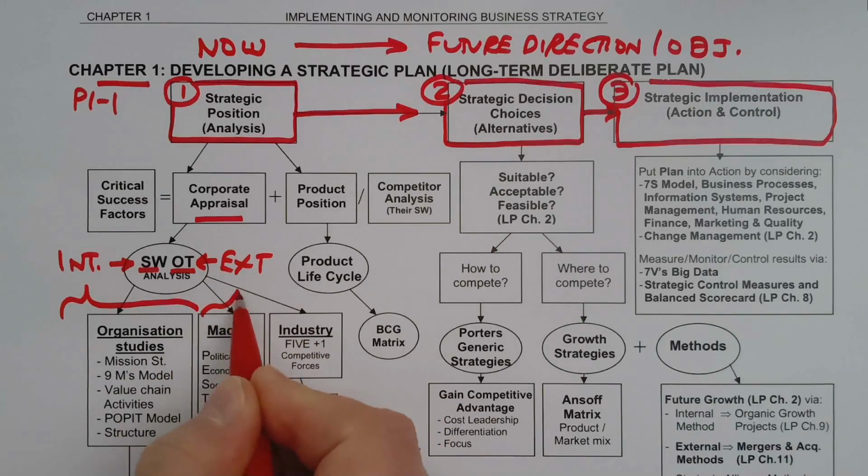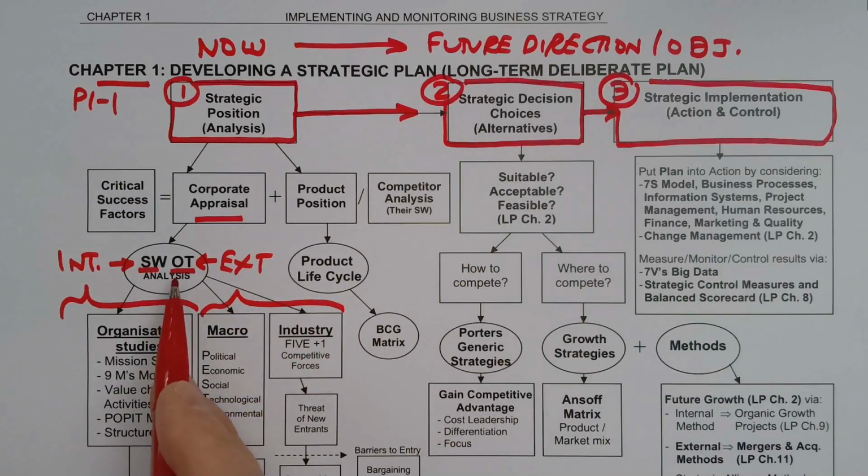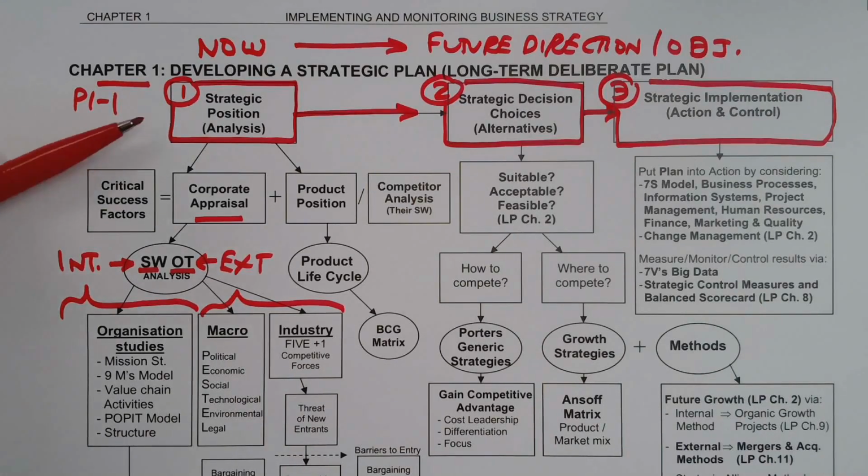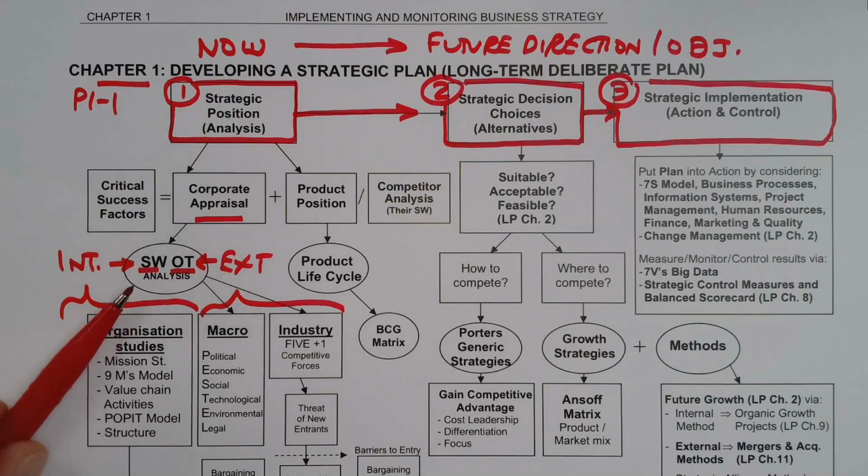So when we start thinking here about the opportunities and the threats, these are the models we can be using. The macro model looks at PESTO. We've got the industry model. This is looking at the 5+1 competitive forces. Because in deciding a direction, we are trying to build on those strengths.